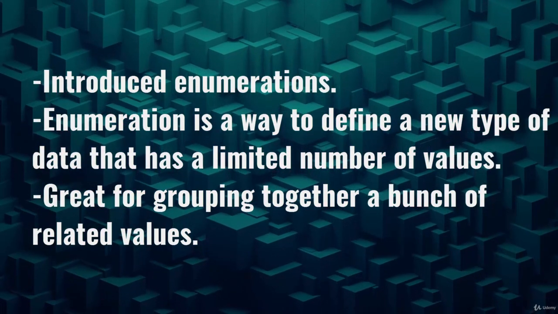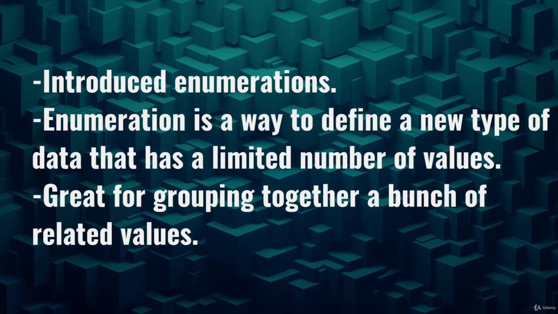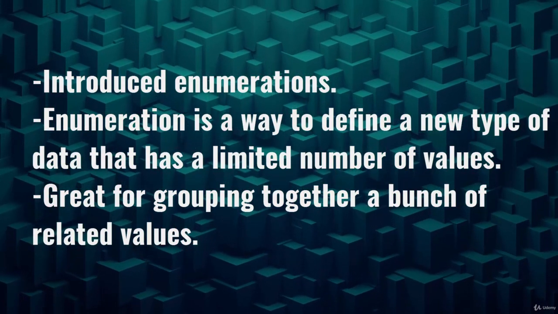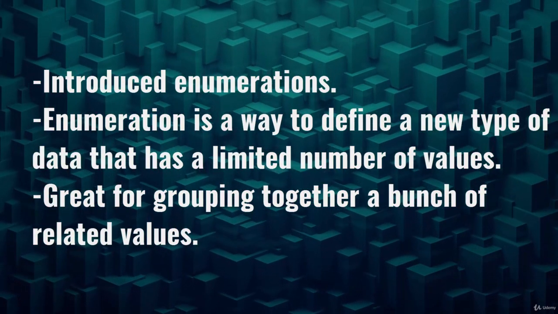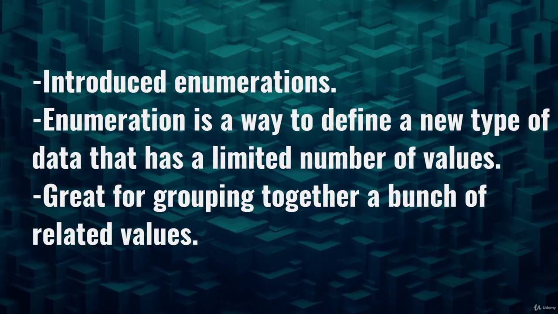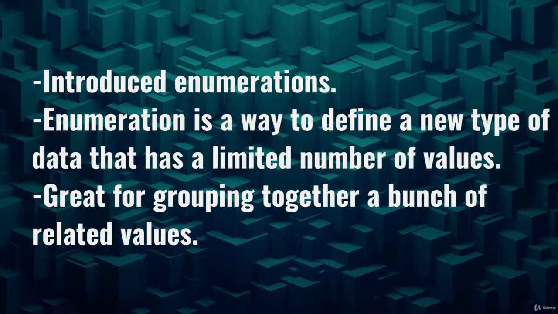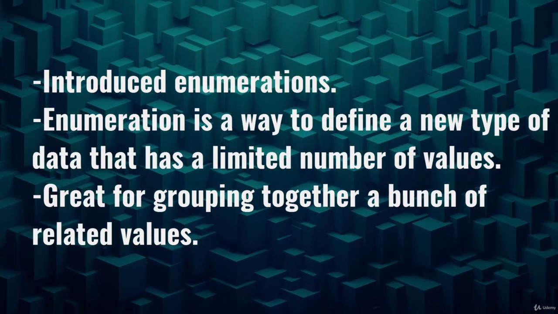So for example, an integer can contain numbers between about -2 billion and +2 billion. And strings can be anything between the double quotations. Enumerations allow us to put a limit on what kind of values our new type can contain.